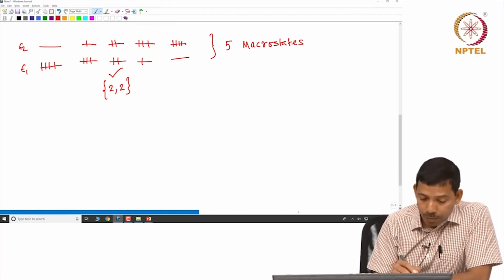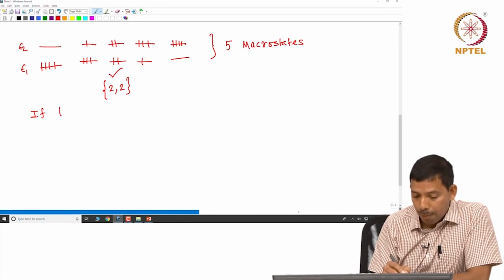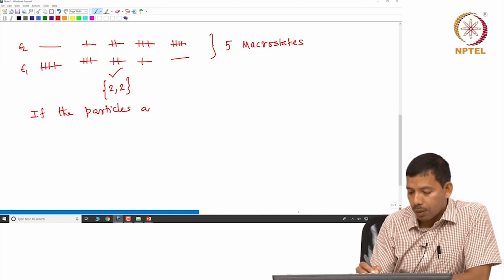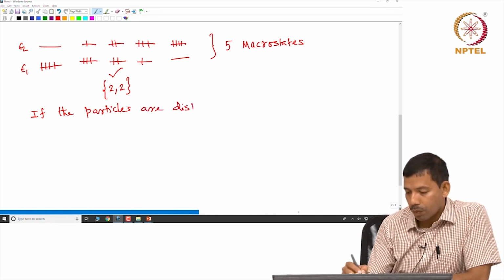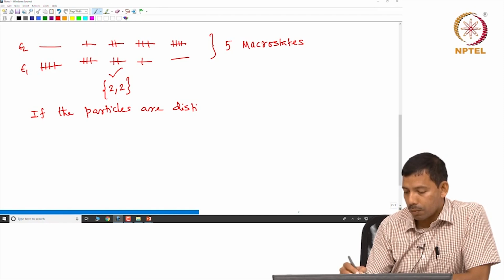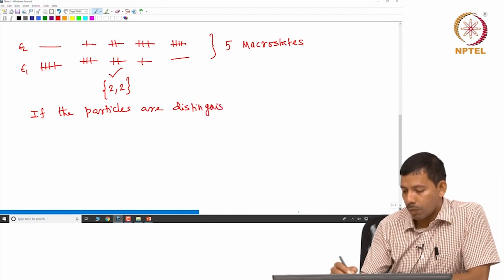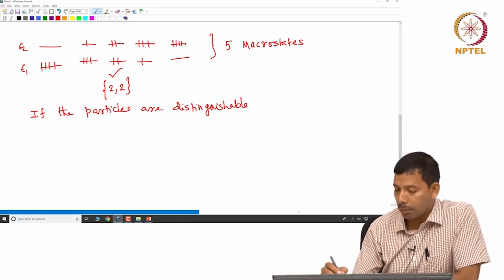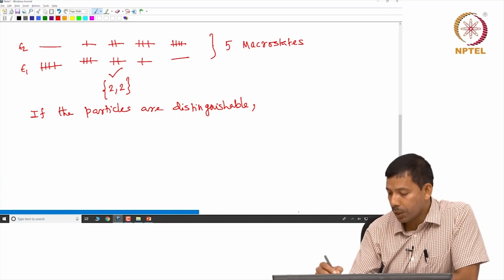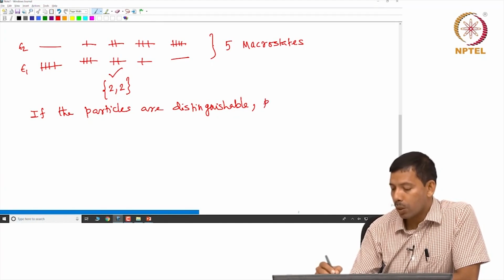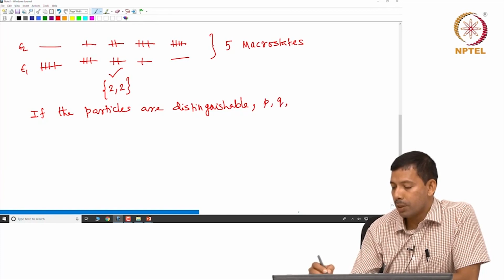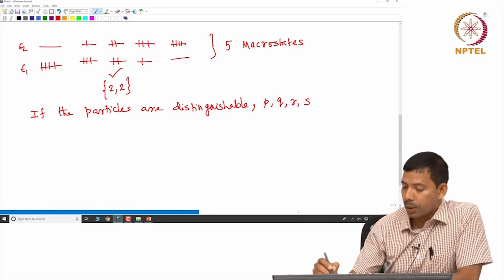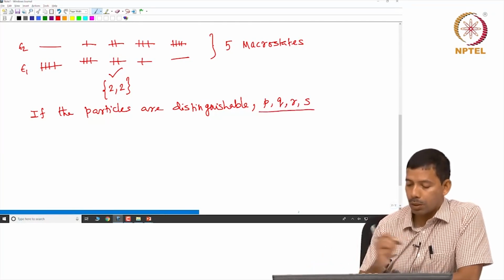Now if the particles are distinguishable, by the term distinguishable I mean that these 4 particles differ from each other and you can distinguish them. Let's say those 4 particles are P, Q, R and S. In the earlier case, they were all the same. So here my particles are distinguishable.